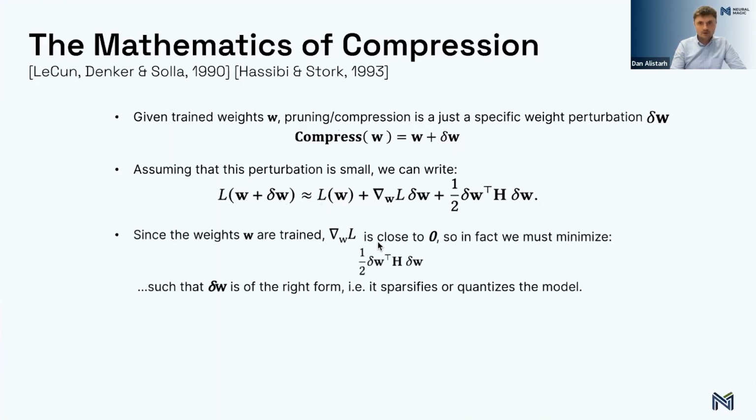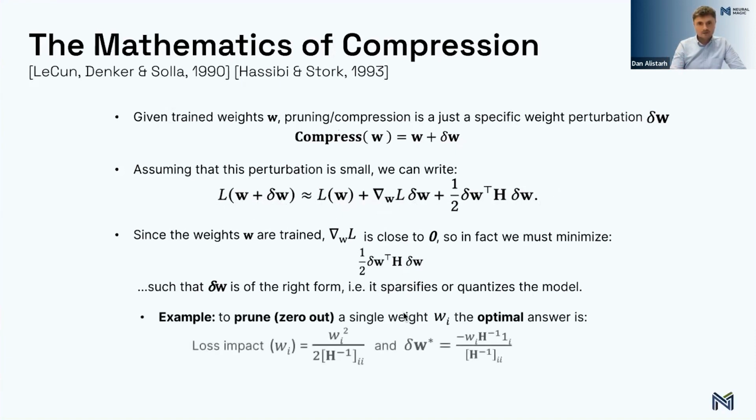Given that our model is usually well optimized, the second term can be dropped. So in particular, this means that the difference in loss between the original model and the perturbed compressed model should be minimized when this second term is minimized, okay? So essentially, we need to solve for the perturbation which would minimize this term here.